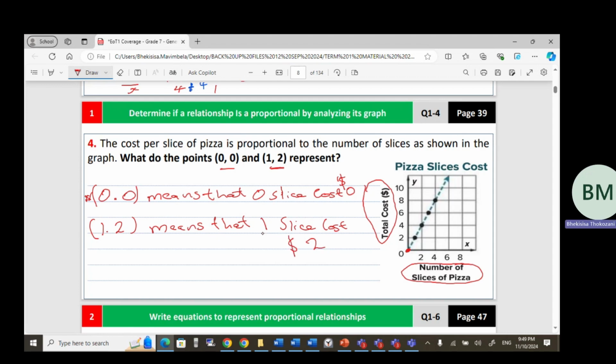Okay, for every 1 slice, it will cost $2. So for every 0 slice, it will cost $0. I hope this makes sense. So this is all what they're looking for in this question, nothing much.